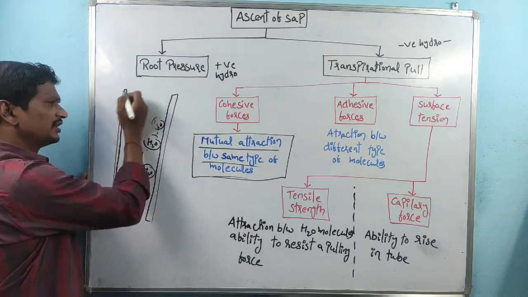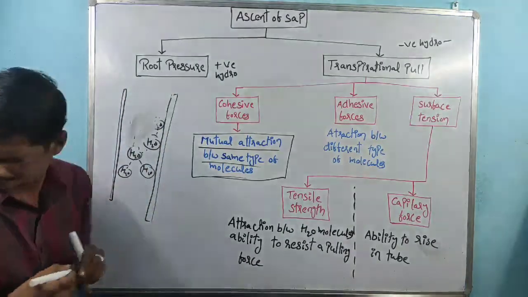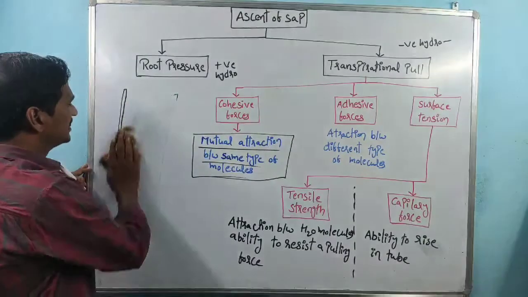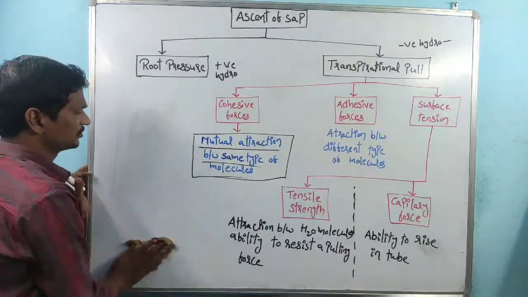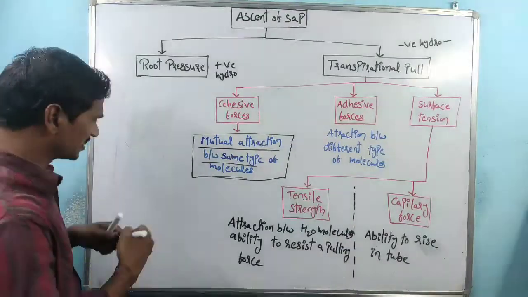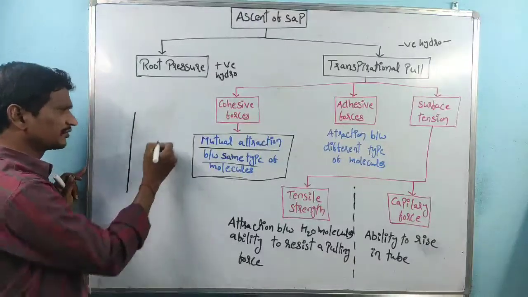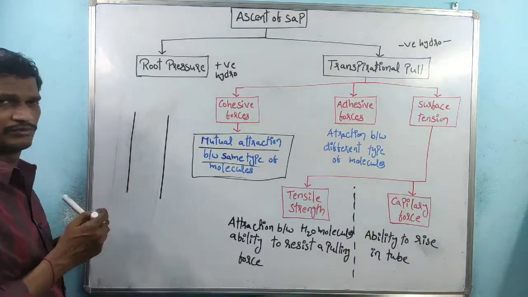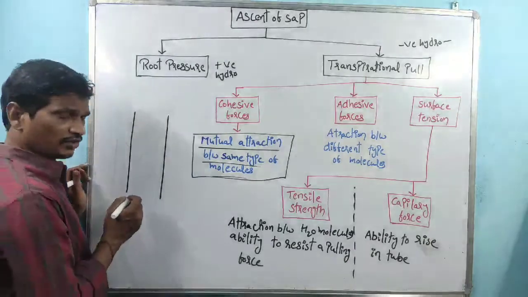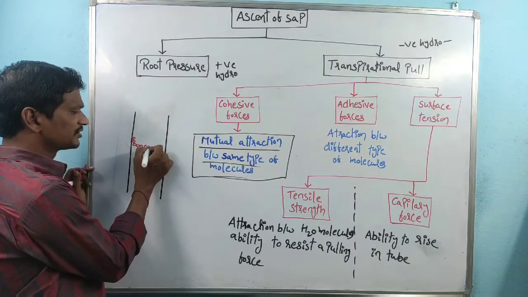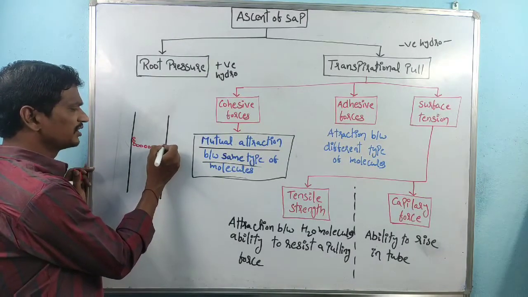So consider the attraction between lignin and the water molecules, or xylem vessels and the water molecules. This is one column, and within this column, water molecules are present.